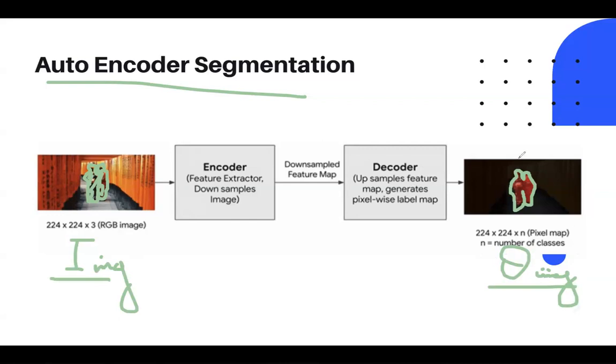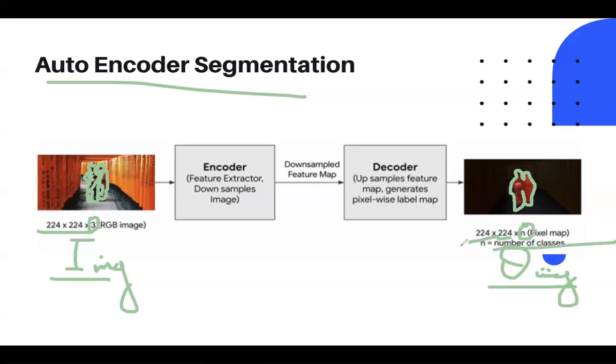The pixel map is basically where each individual class is located in that image. So it is 224 by 224, which are the same sizes. Here it is 3 channels because it's an RGB image. And here it is N channels, where N refers to the number of classes.